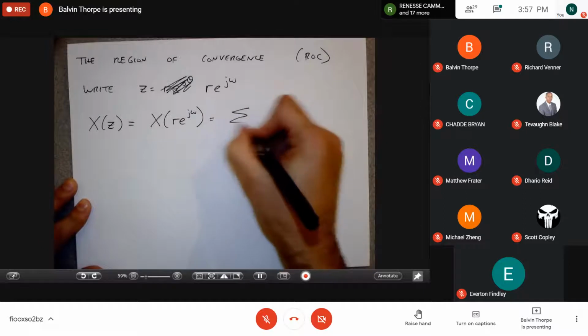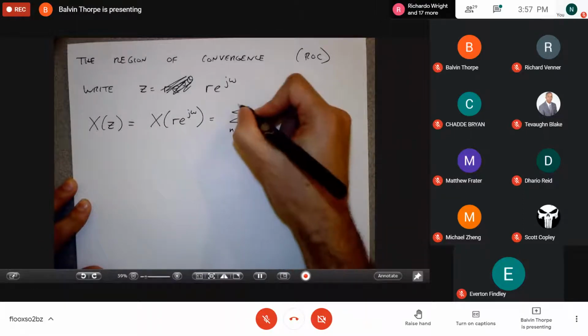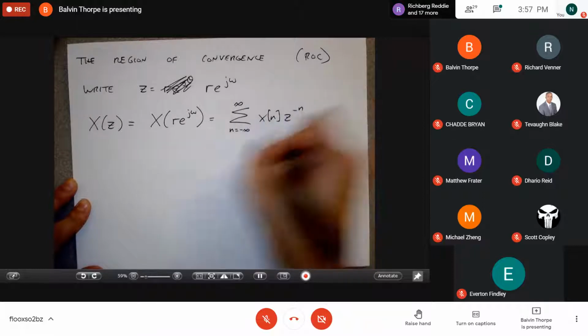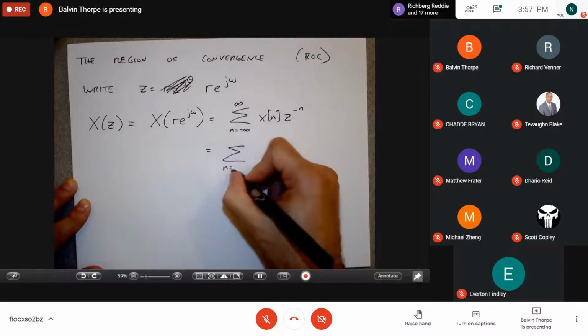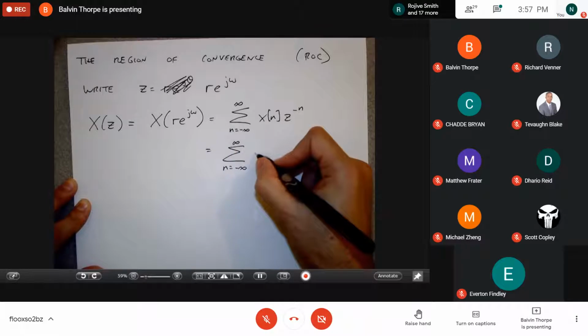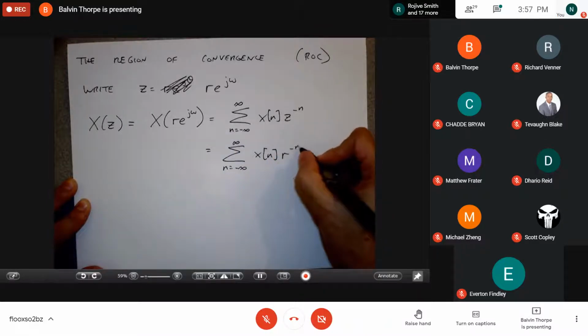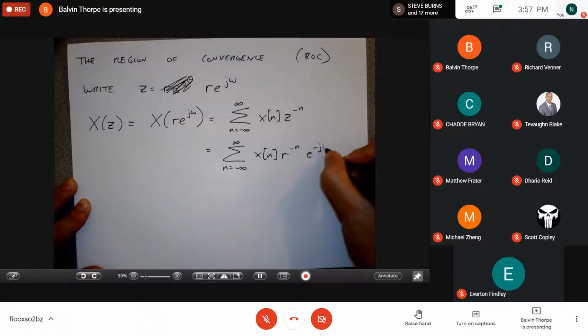Here's the regular Z transform, z to the minus n. If I plug in, being explicit about z, I'm going to write this as r to the minus n, e to the minus j omega n.